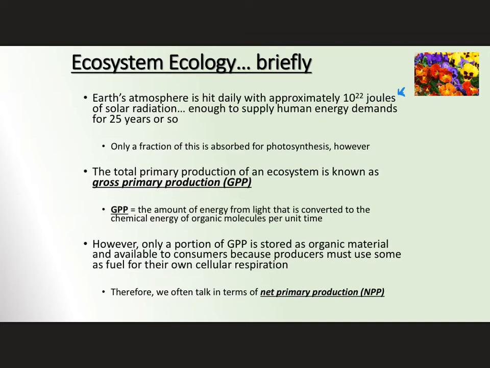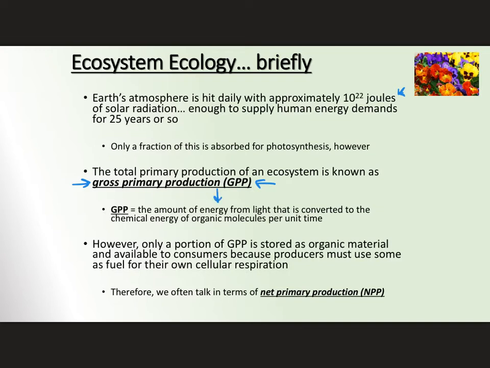And we don't, right? A fraction of that solar energy is absorbed by plants for photosynthesis. And what they're able to do is convert that into a certain amount of chemical energy or carbohydrates, right? And we call this our gross primary productivity, or GPP.